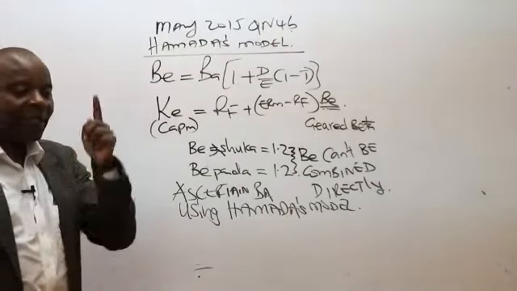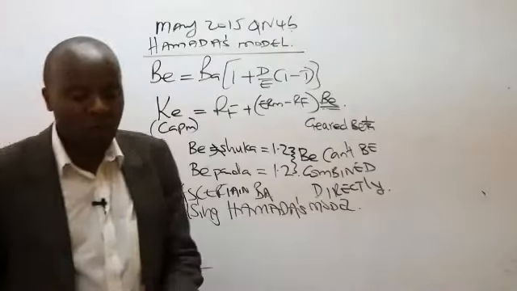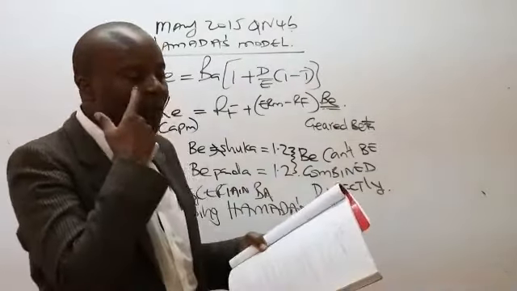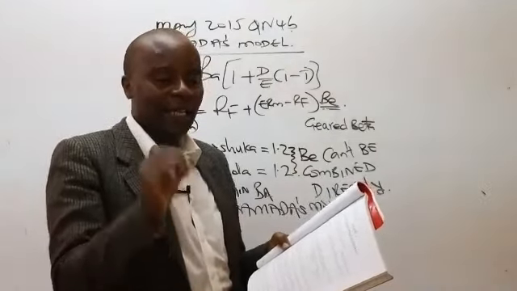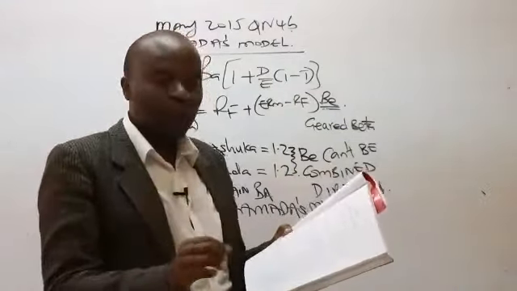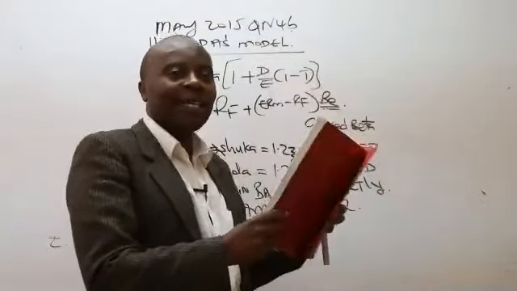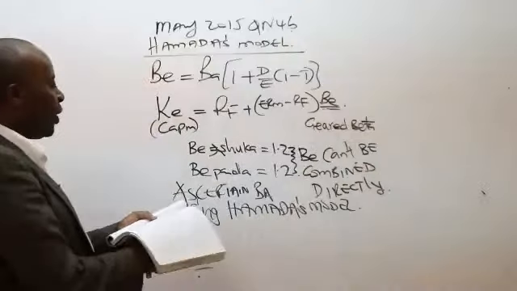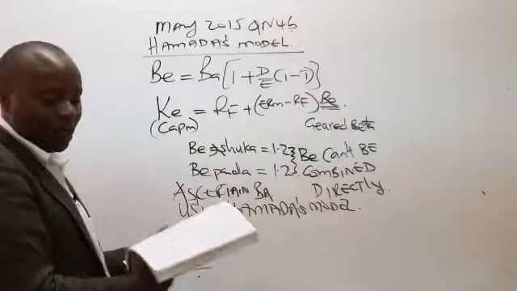But this examiner was extremely good. He knew that very many students would not be in a position of ascertaining beta assets for each company. So he went ahead and gave us beta assets. In this question, if I were you, I would write that beta assets are given.